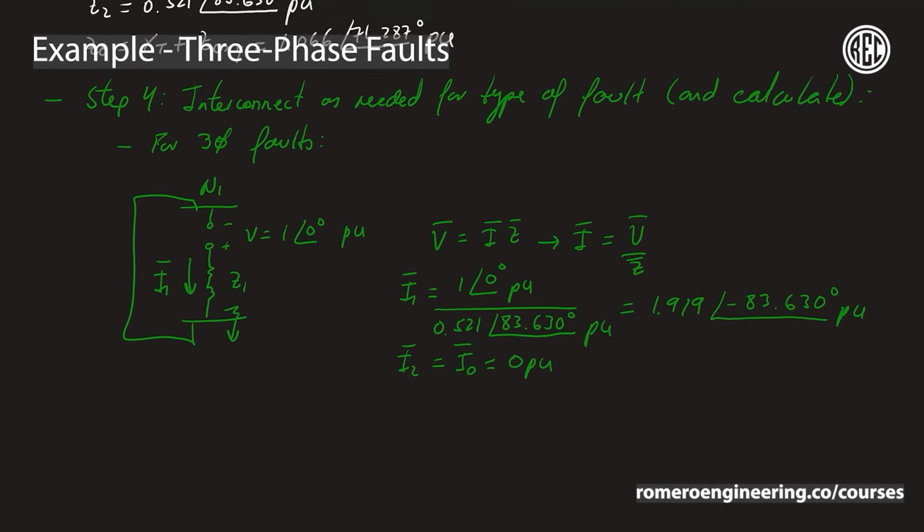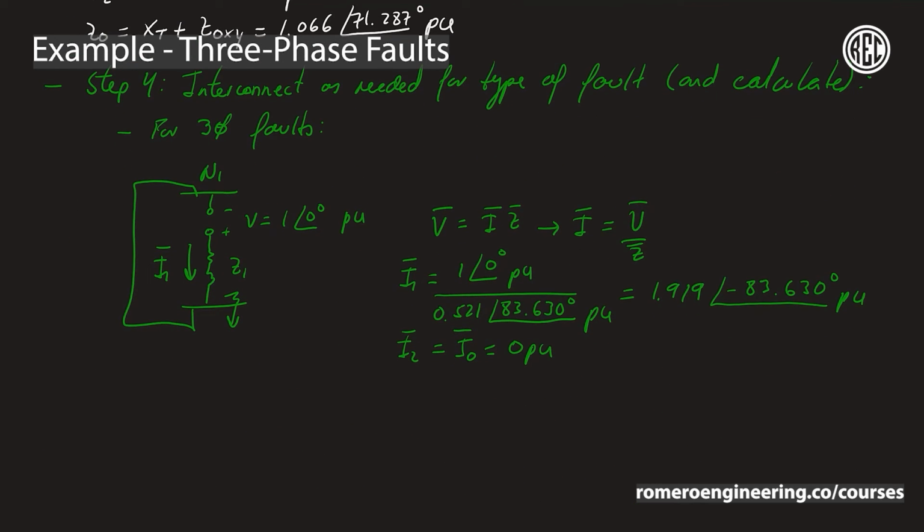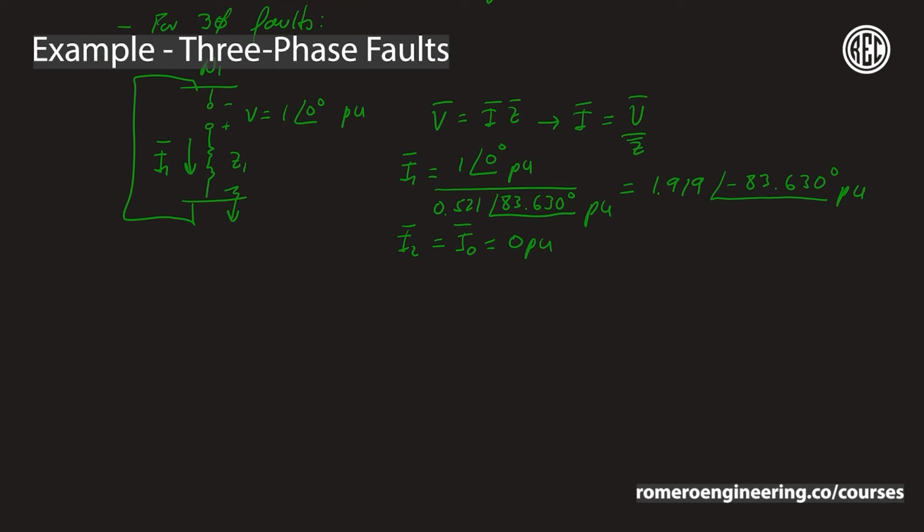So now we have the positive sequence, negative sequence, and the zero sequence currents. So let me actually say one more step and we'll be done with this example. So let's switch back to red, and I'm going to say over here, step 5 would be convert to phase quantities.